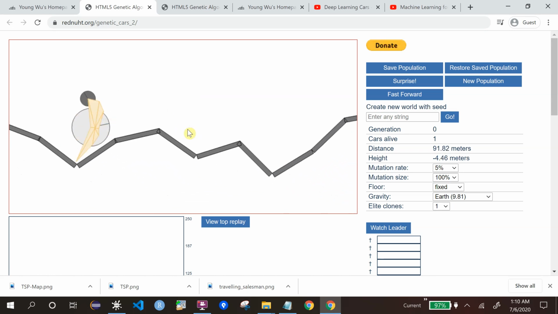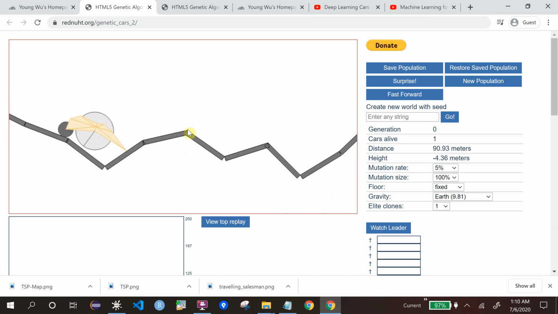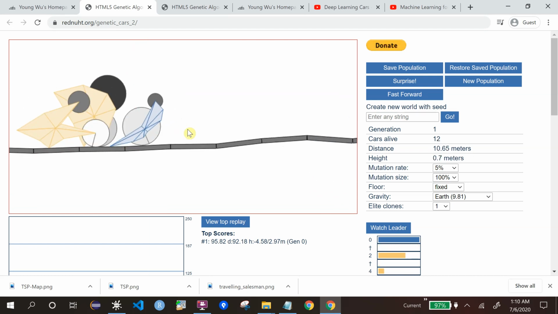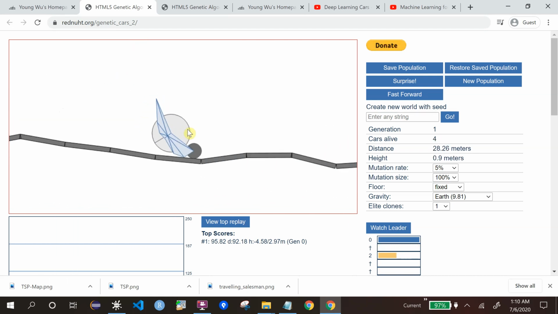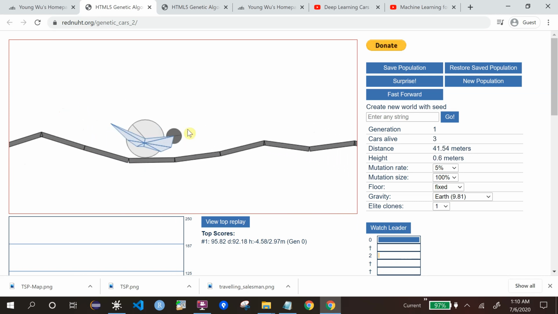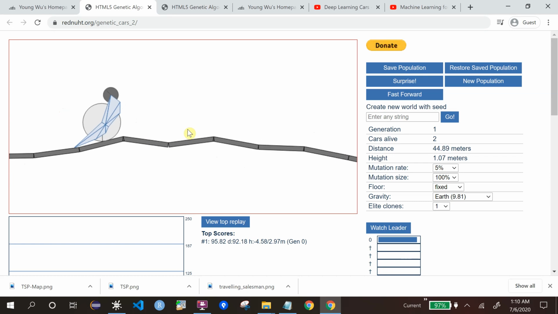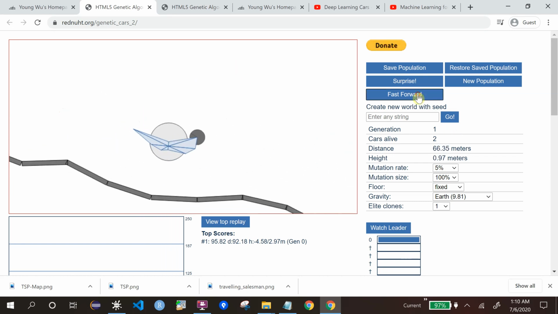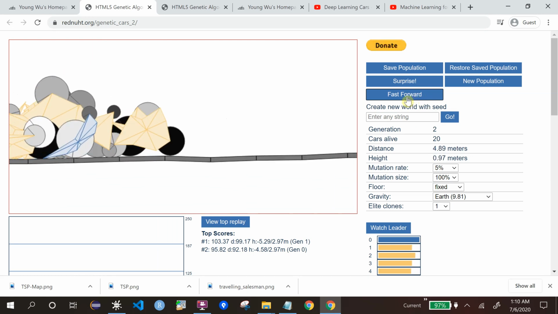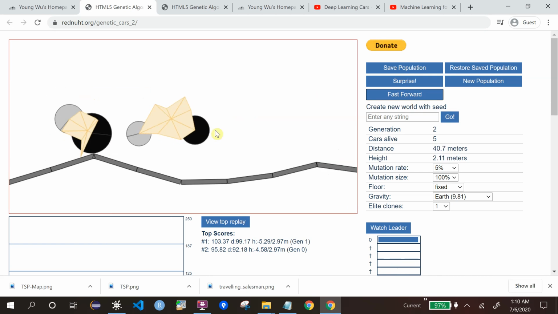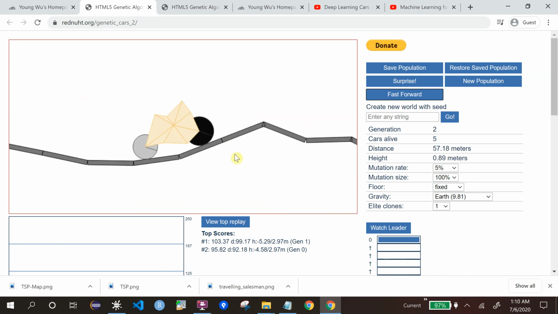Again, each time the way they cross over is they combine the shapes of two cars that performed very well in the previous iteration, like the one here, and then they do some kind of mutation as well, and then they keep trying this. Let's fast forward and see after a while what's happening. At the end, some of these cars actually look like good cars.